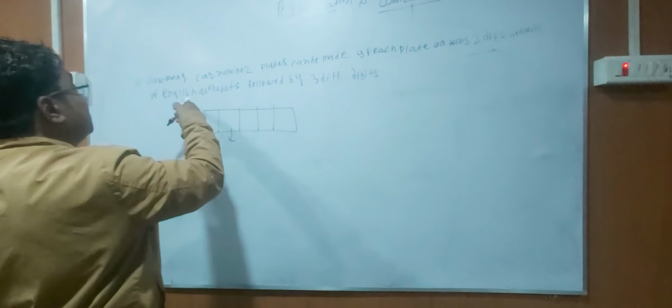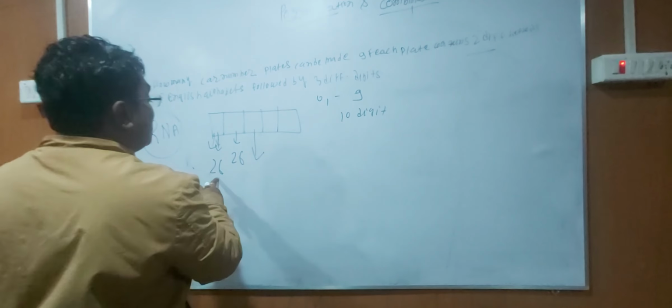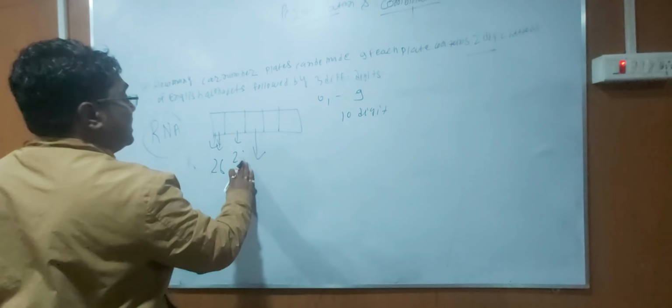Alphabets work is done. Now three different digits. Then how many digits do we have available? 0 to 9 means 10 digits. Then this place is filled by a different digit. Different digit means repetition. One thing comes here: repetition allowed and repetition not allowed. Here the question is asking about different letters and different digits, means repetition not allowed. That's why 26 and 25.